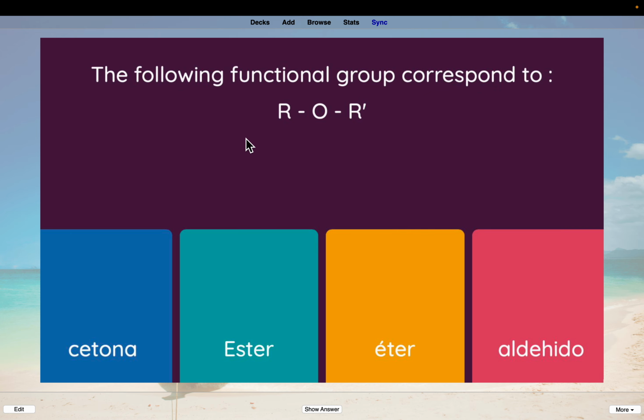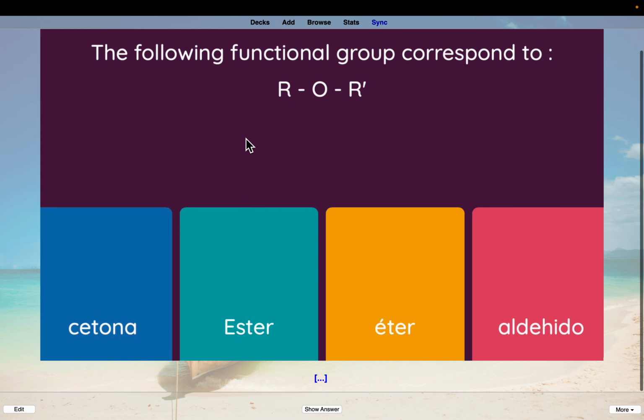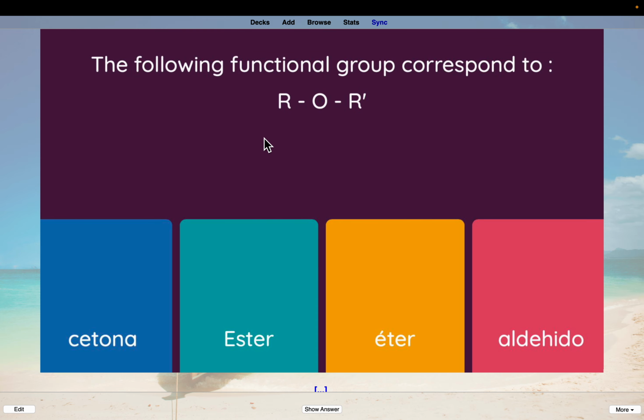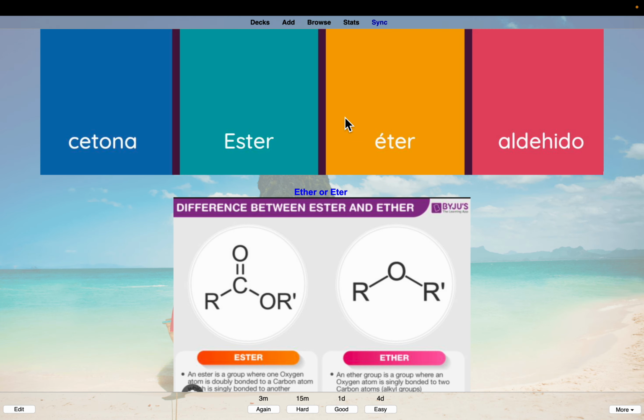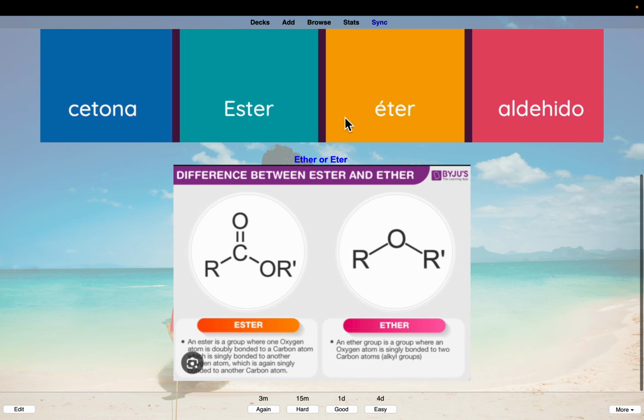Okay, the following functional group corresponds to, this has to be ester. ROR. Just kidding, it's ester or ether.